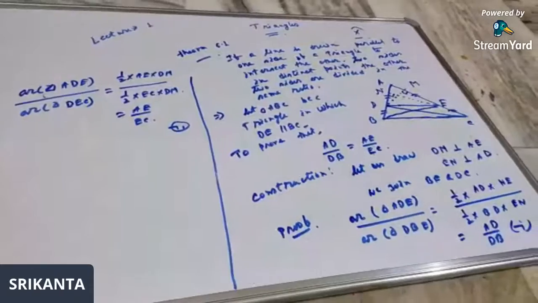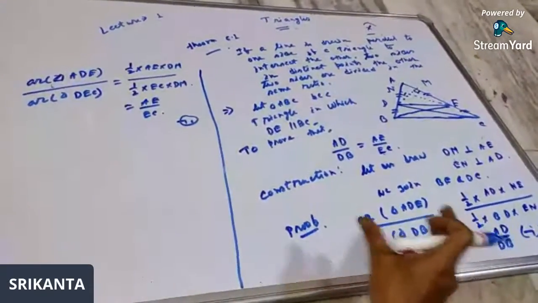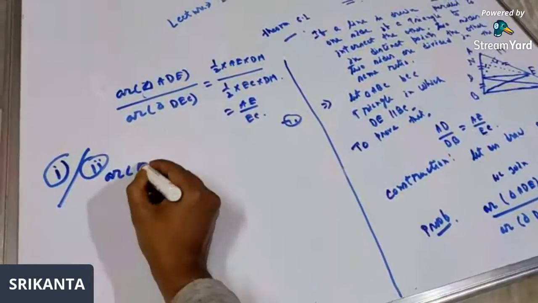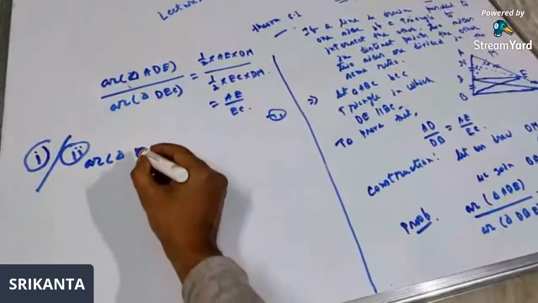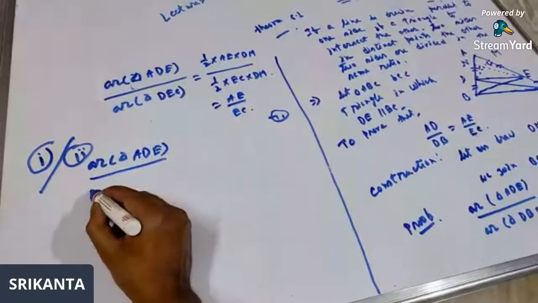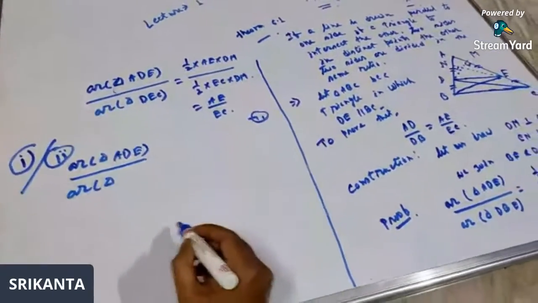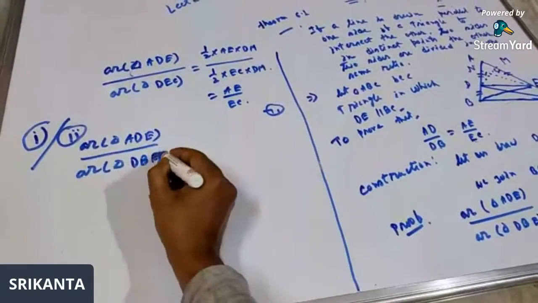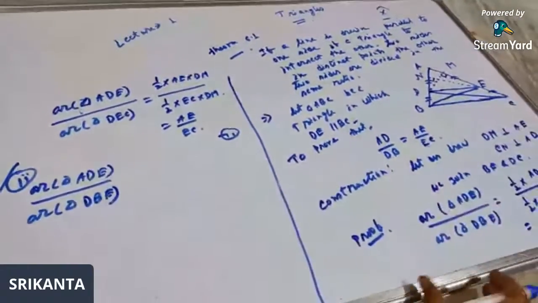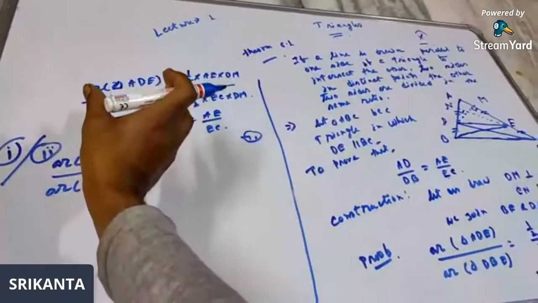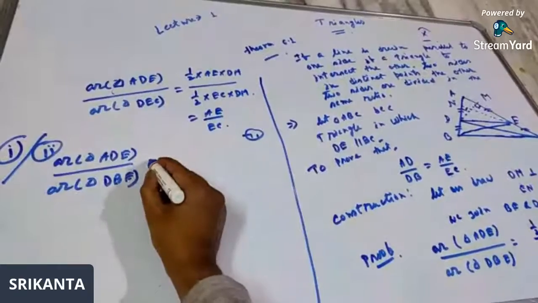Since we are dividing 1, I am writing the left-hand side first. So area of triangle ADE by area of triangle DBE, right? Now when I am dividing this portion by this portion, what do we have?